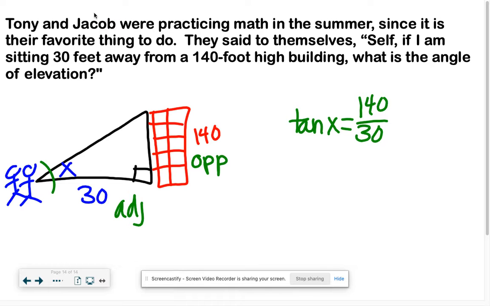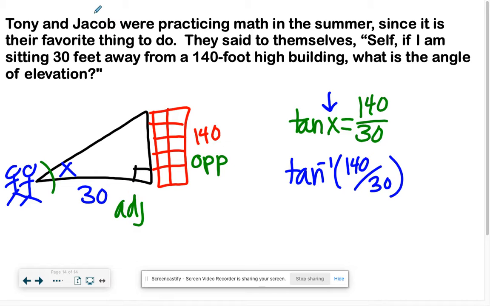Okay, now remember folks, when you're looking for an angle, we use that inverse, so that -1. So remember, you're going to hit second or shift on your calculator, find the tangent button so it says -1, and then you type it in. So our angle is 77.9, so let's round up to 78 degrees.